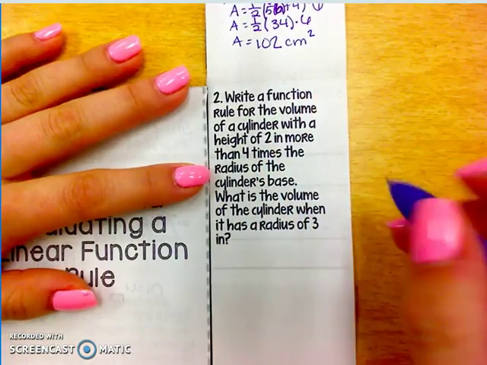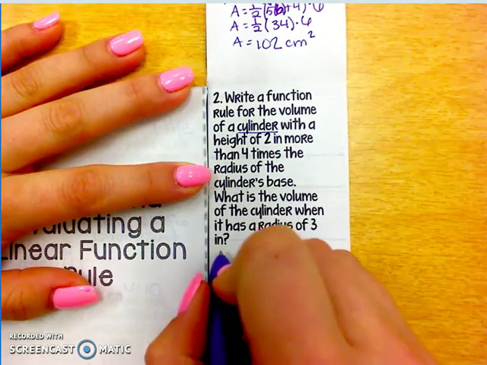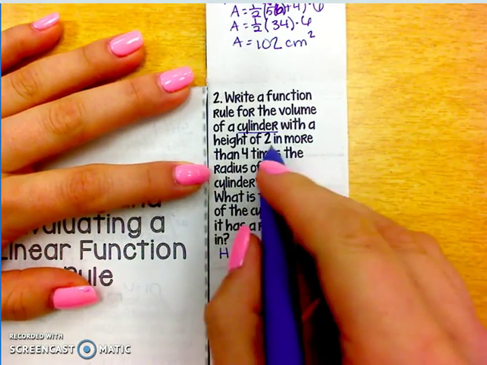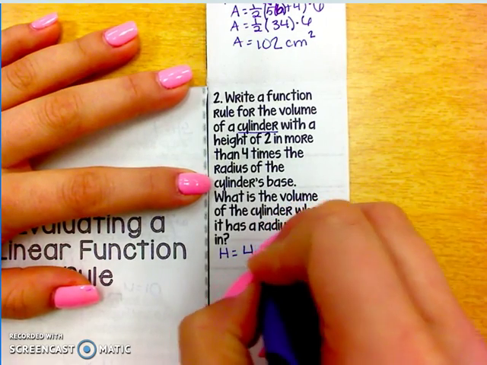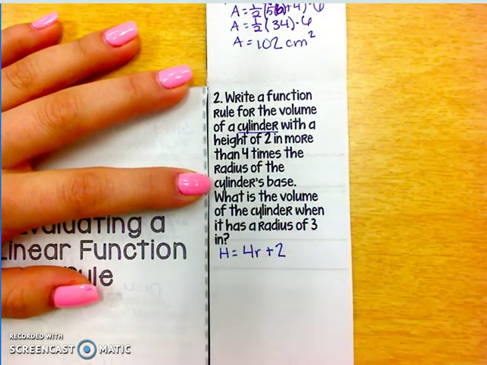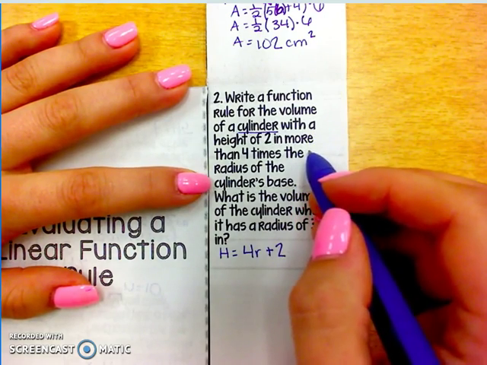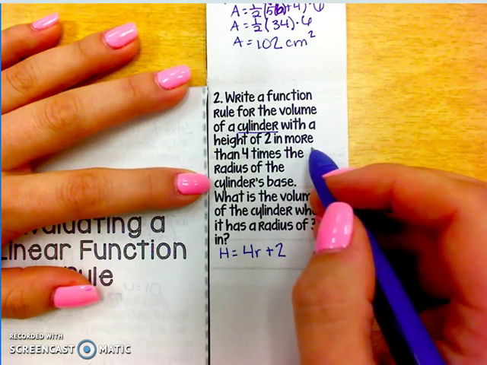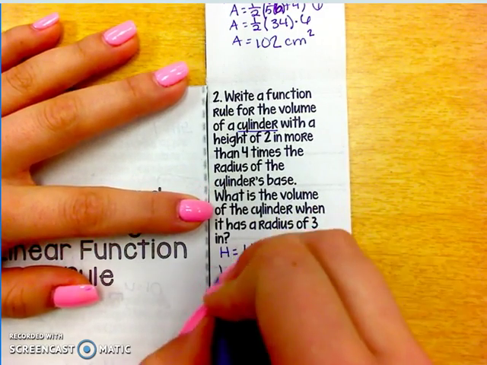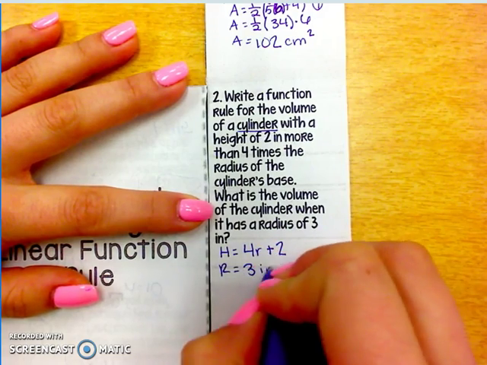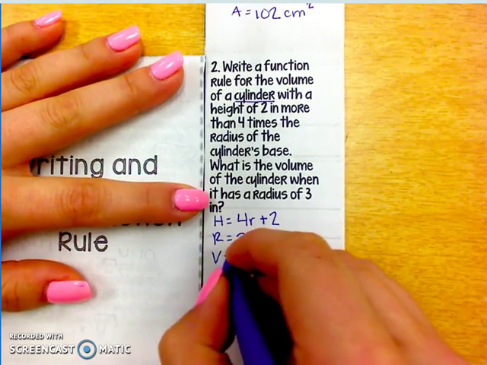And then the second one's very similar. We're looking at the volume of a cylinder. It's telling me the height is 2 inches more than 4 times the radius. So 4r plus 2. Okay, so now that's good. What's the volume of the cylinder if the radius is 3 inches? Well, first we need to recall the formula.